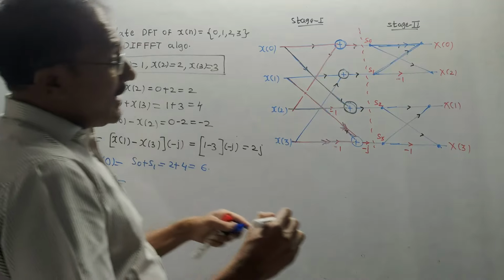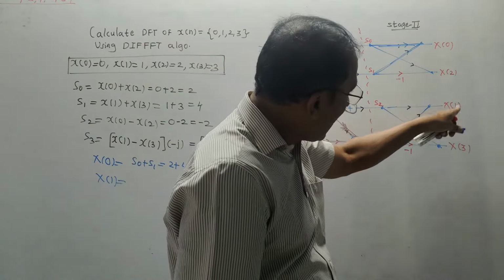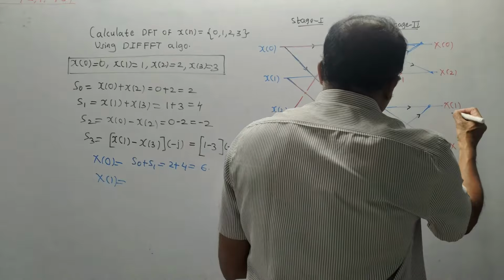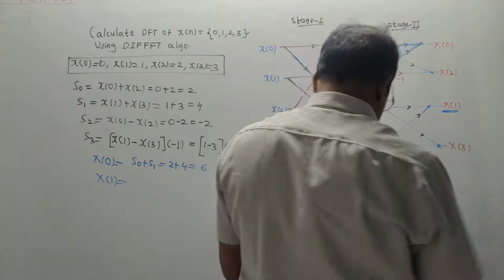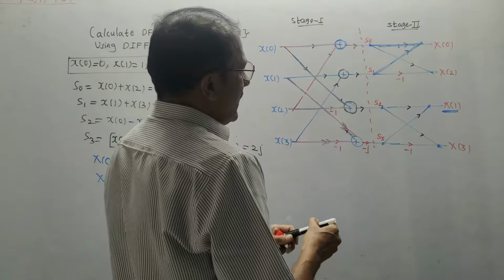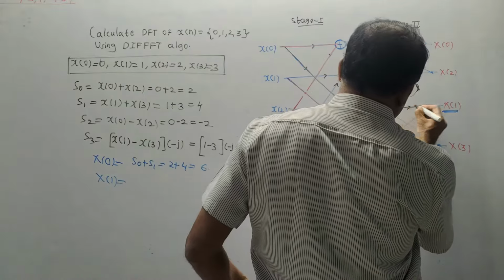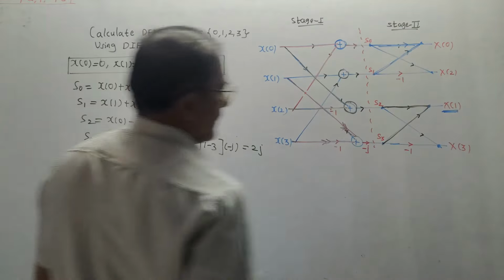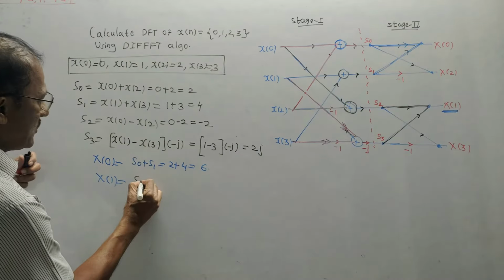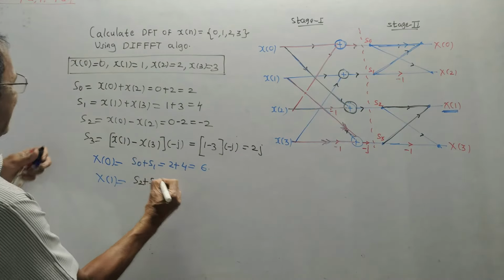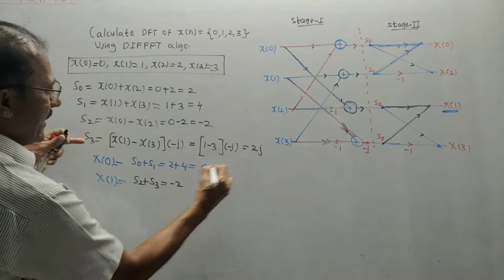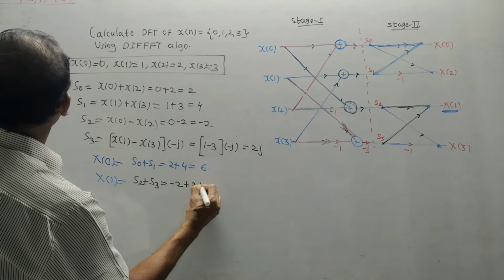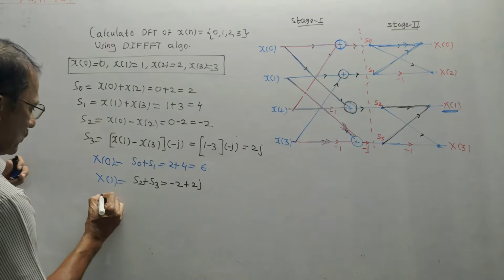Now don't make a mistake, this is x of 2. I need to calculate x of 1, so I have to think of this connection, x of 1. To calculate x of 1, what are the lines connected? One line is S2 and another line is S3. So simply it becomes S2 plus S3. S2 is minus 2, S3 is plus 2j. So it is minus 2 plus 2j.